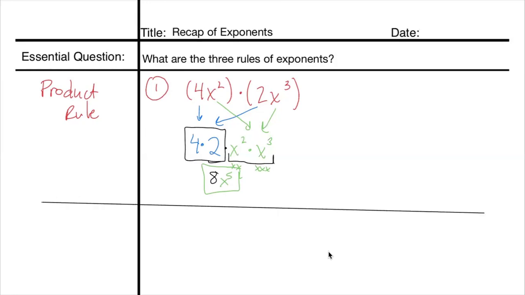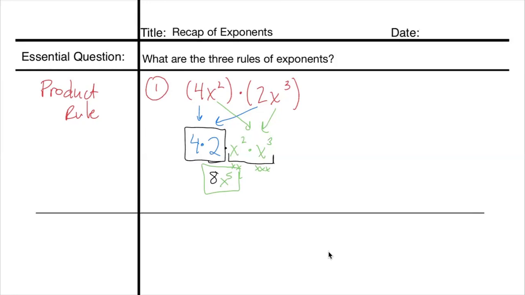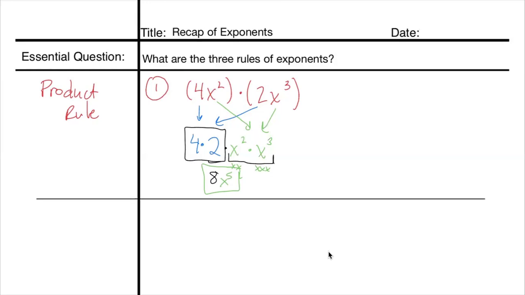Now, outside of the product rule, go ahead and put a line underneath it. We also have the quotient rule, and that says something like r to the eighth. Let's do 6r to the eighth over 3r squared, or 3r to the second.